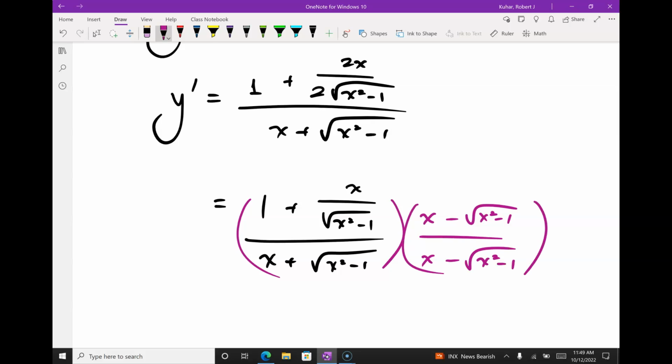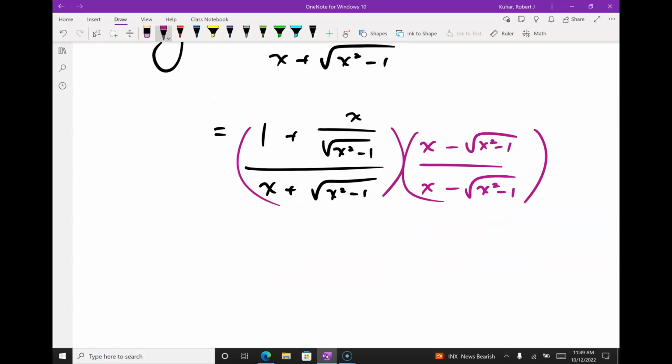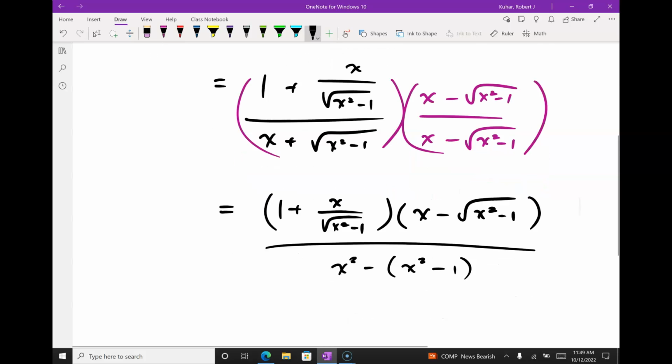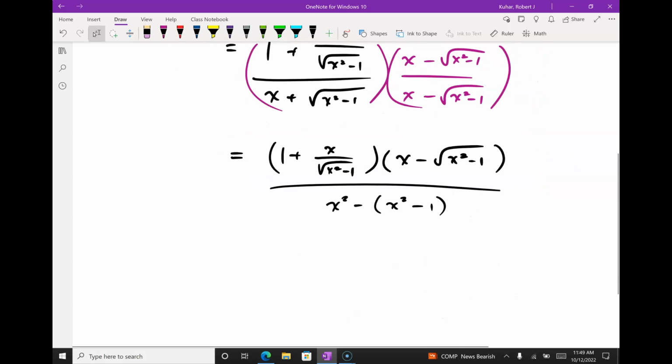Obviously I'm doing the conjugate of the downstairs, and I'm going to leave the upstairs alone. And then downstairs it simplifies quite nicely. I get x squared minus the quantity of x squared minus 1. Oh, that's nice. That's just 1. Do you agree?